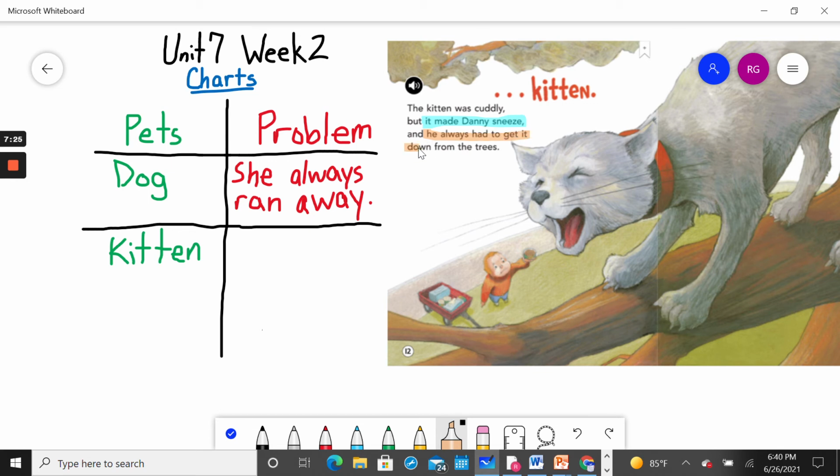So now that we know the two problems that Danny had with the kitten, we can pick one that we want to put in our chart. And I'm going to put in my chart that it made Danny sneeze. That's the problem that I'm going to write. And now because this is a new sentence, I have to remember to put a capital letter. It made Danny sneeze.